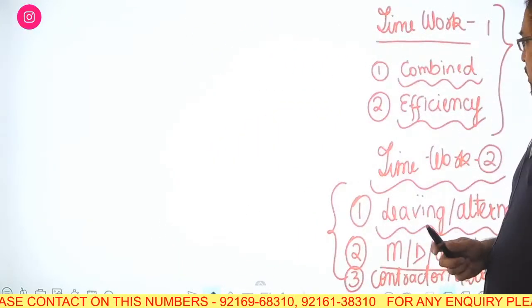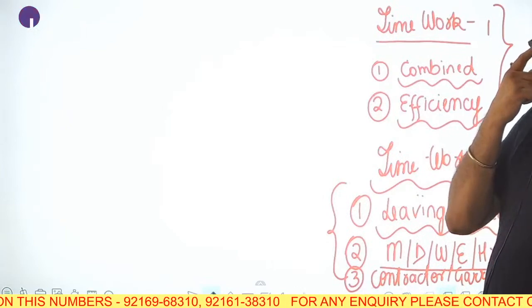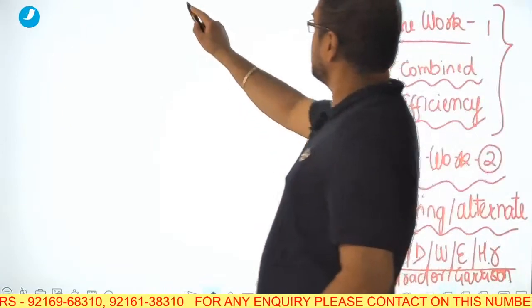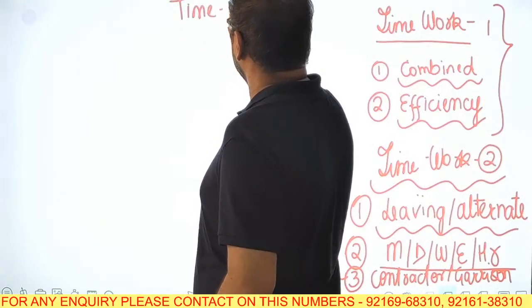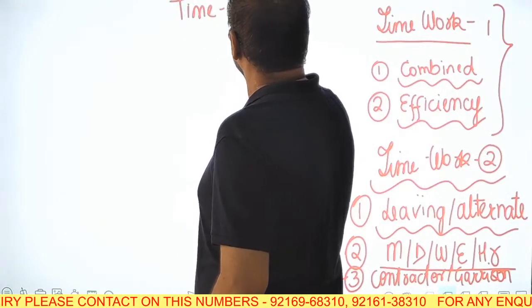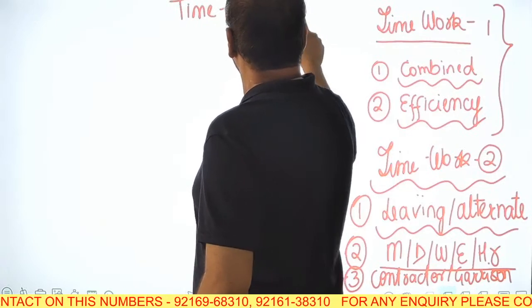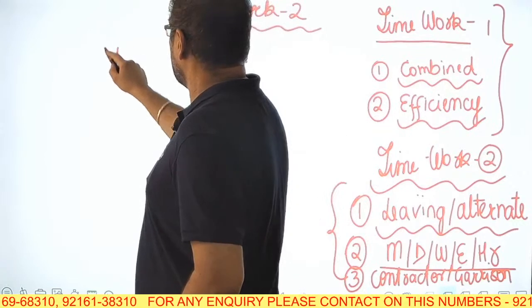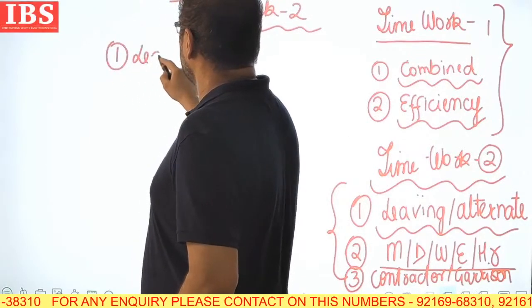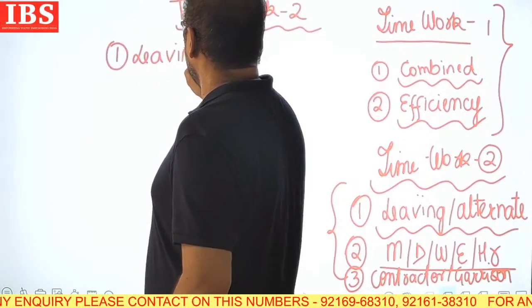So let us start with today's lecture. Today we'll be dealing with time and work part 2. The first part we'll deal with is men leaving the work and men working alternately.